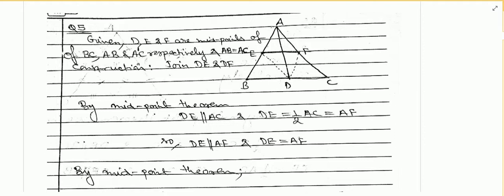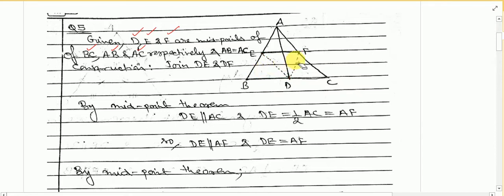So here we have been given that D, E and F are the midpoints of BC, AB and AC respectively, and AB is equal to AC. Why AB is equal to AC? Because they have said that this triangle ABC is an isosceles triangle. So these are given to us. Now construction, what we are doing, we are joining DE and DF.